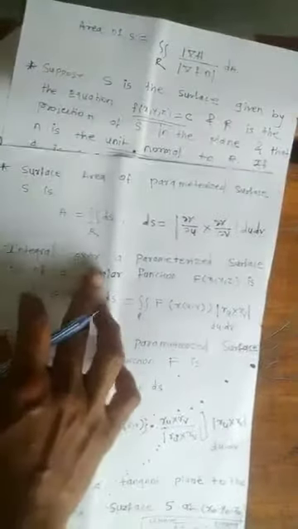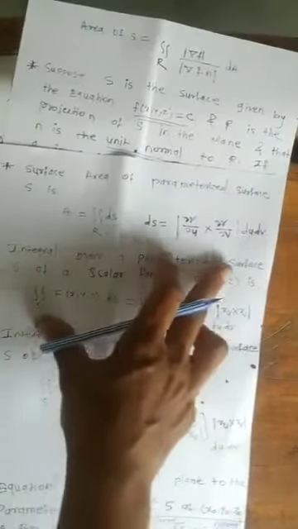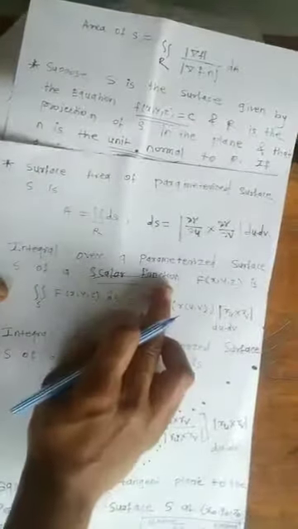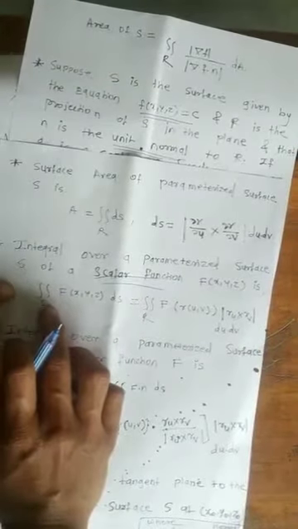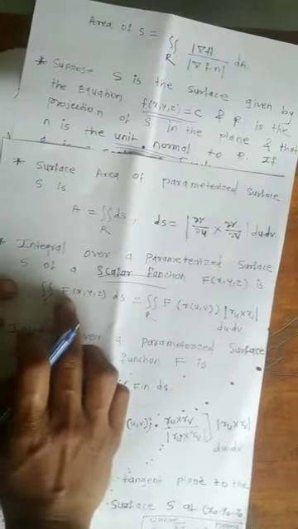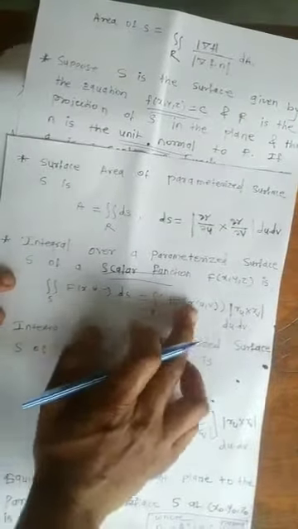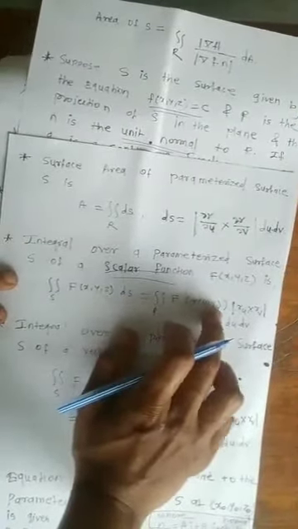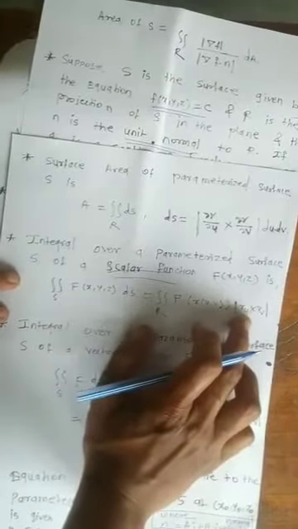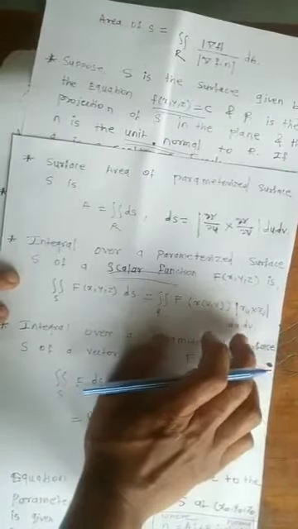Next, the integral over a parameterized surface S of a scalar function f of x y z is the double integral over S of f dS, which is equal to the double integral over R of f of r of u v times the determinant of r u cross r v, du dv.